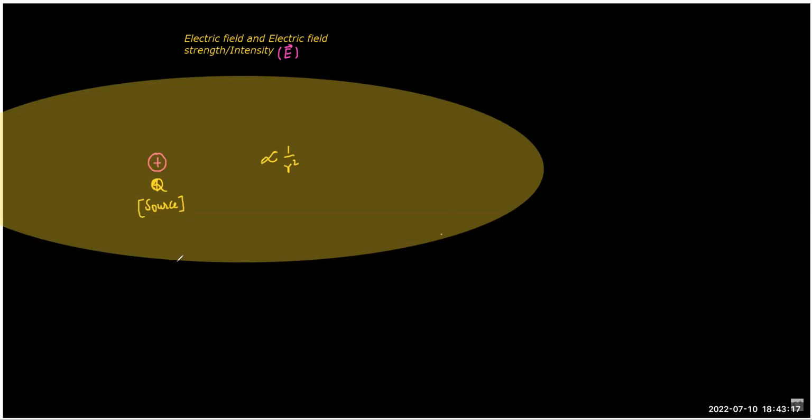Okay. So for example, if it is a source charge, and let's say you bring some test charge at this location, let's call this the test charge, then the first charge must have some field at this location. So the source charge has already created a field here, and let's call this field E. The field E will locally push or pull this charge.